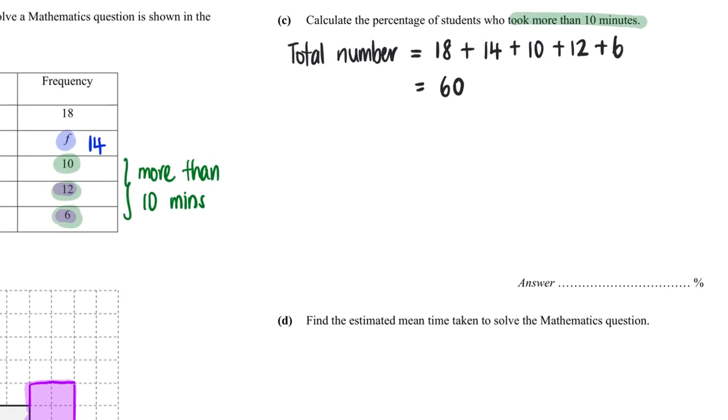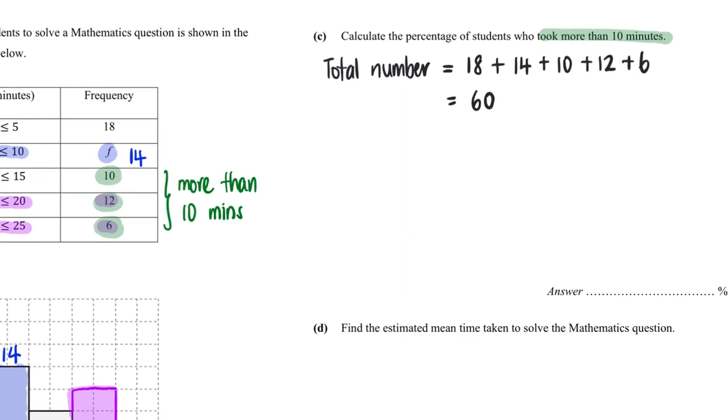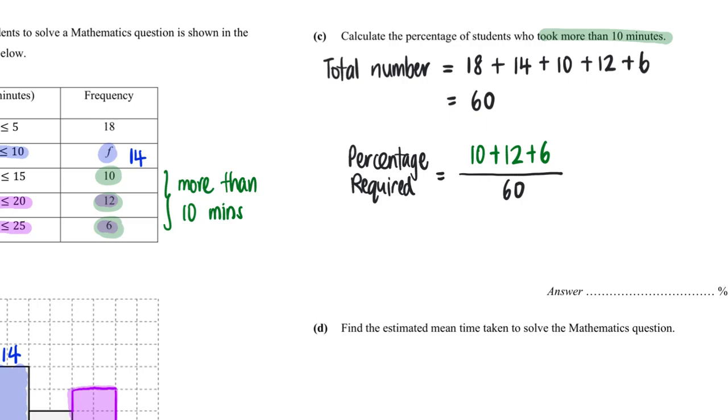Okay, so for this particular question, therefore the required percentage is equals to 10 plus 12 plus 6, I'm going to divide by the total number of students.